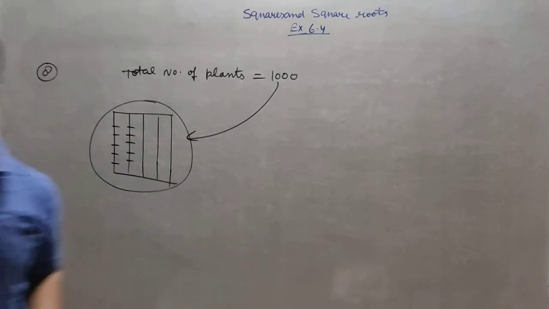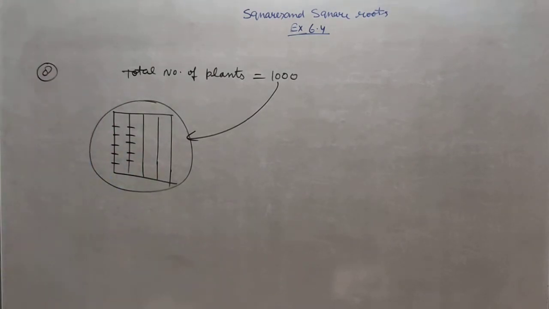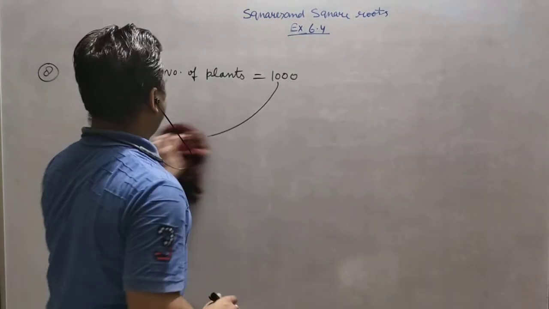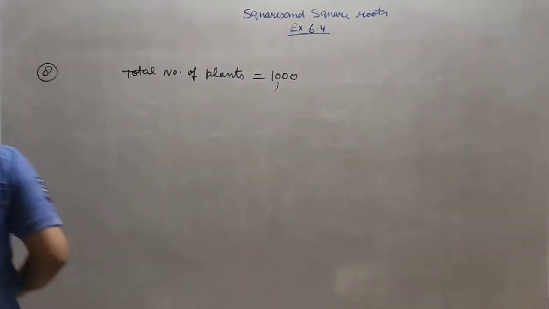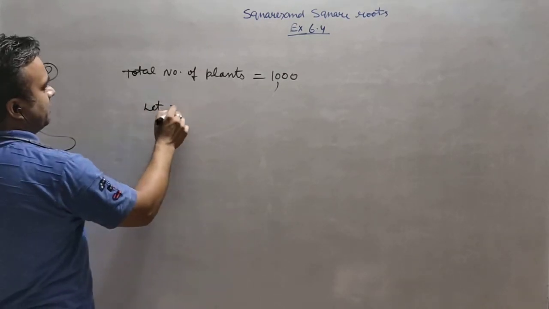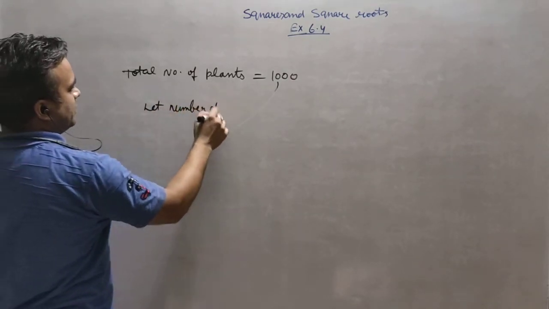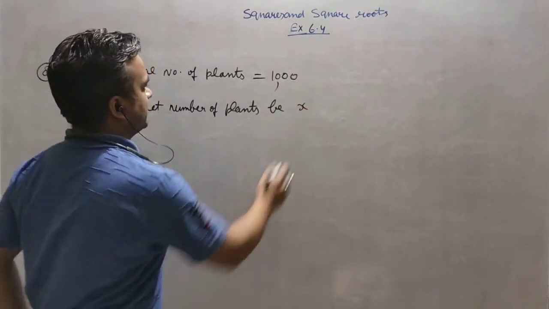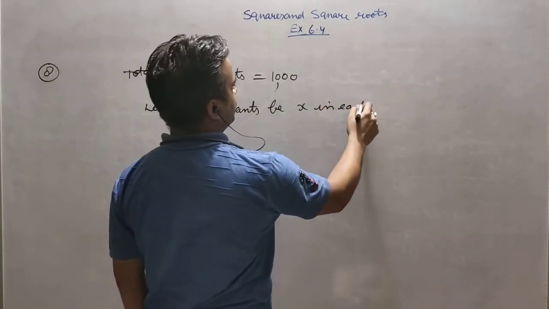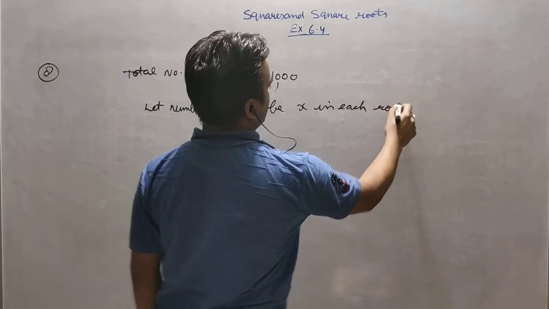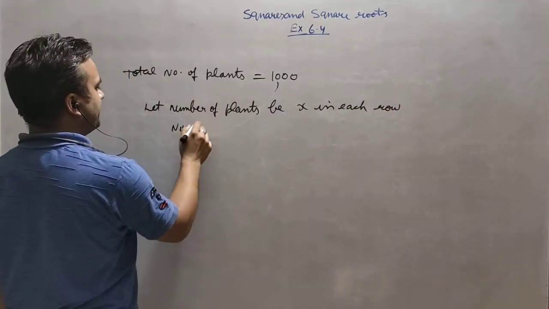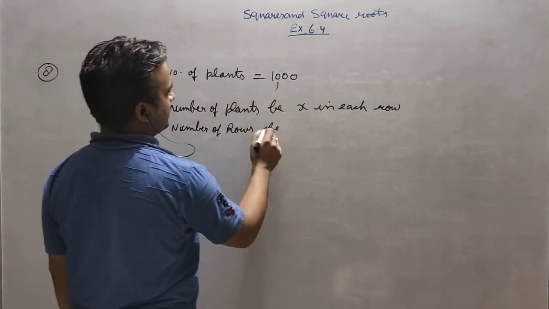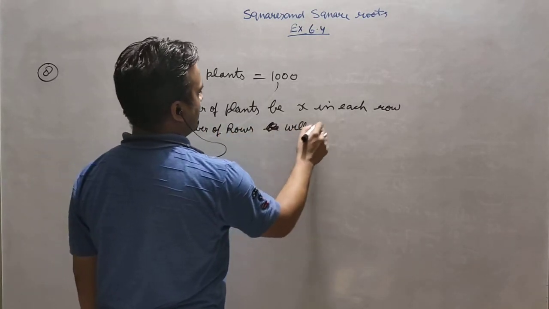So what we will do here, suppose that the number of plants be x in each row. So number of rows will be x only.